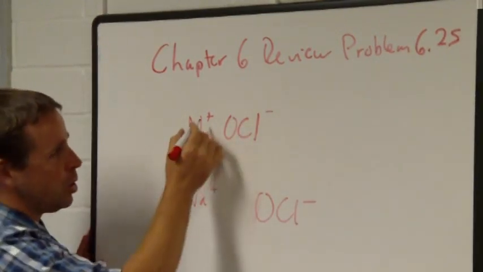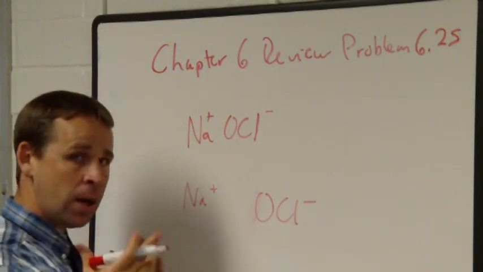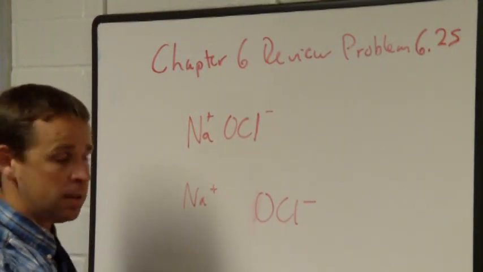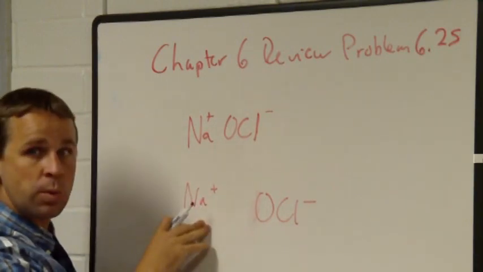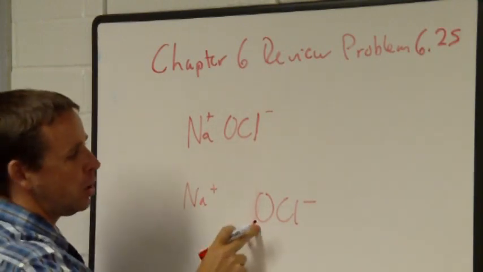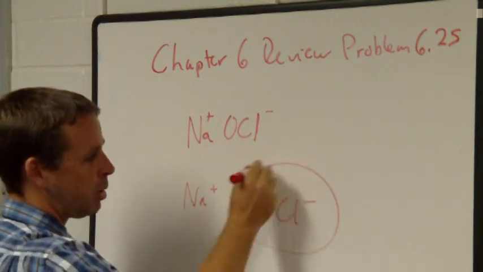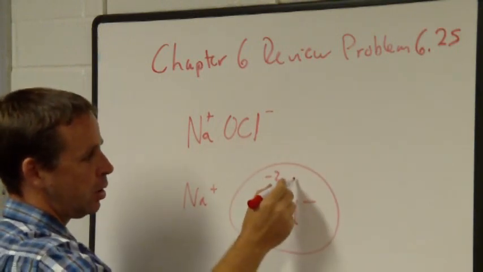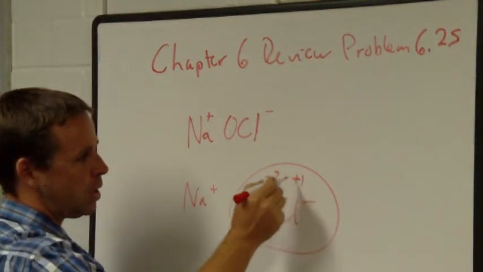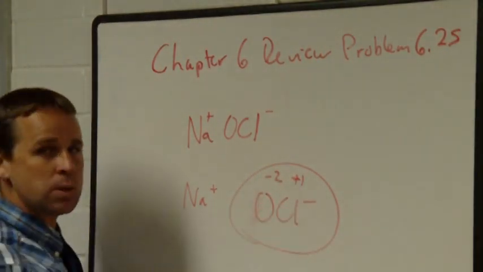So the sodium is going to have a +1, and in an ionic compound, if it's a monatomic ion, then the charge on that ion is the oxidation number as well. So sodium is a +1. This is the polyatomic ion here. Oxygen is a -2. Chlorine has to have a +1 so that the result is a -1 charge.